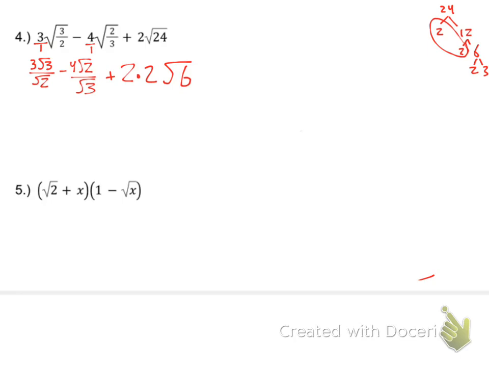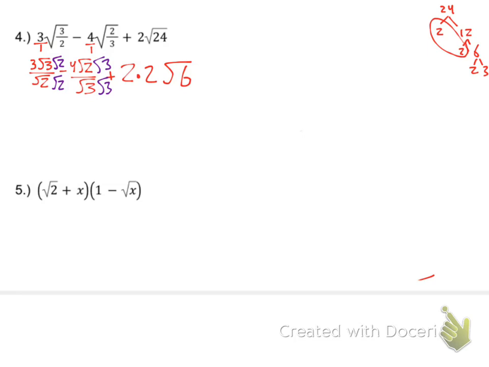I'm going to multiply the top and bottom by square root of 2, because that'll get rid of the square root of 2's on the bottom, yes? The next one I'm going to multiply by square root of 3, square root of 3. You guys agree? Yes. Notice on the last part, which is now square root of 6, do I need to actually do anything? No. Because there's nothing in the basement, right? Okay.